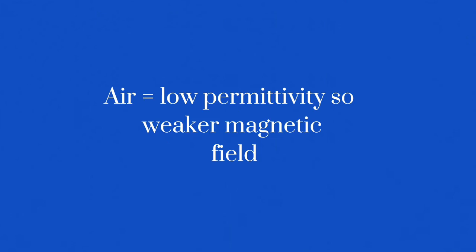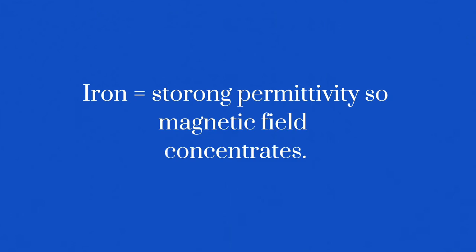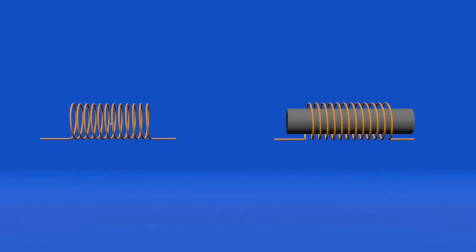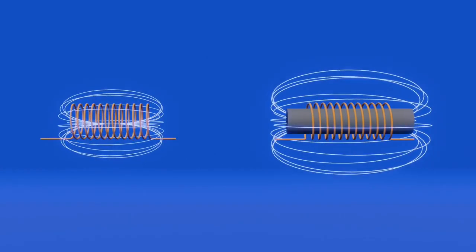For example, air has low permittivity, so the magnetic fields are weak. And iron has high permittivity, so the magnetic field concentrates strongly. So same coil, same current, but different core material can give different inductance value.